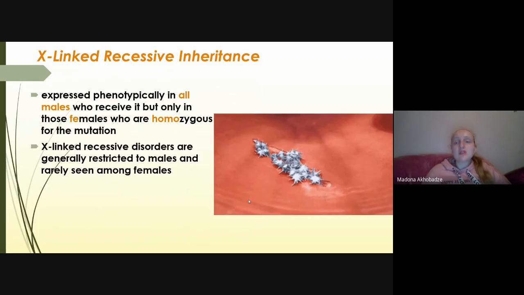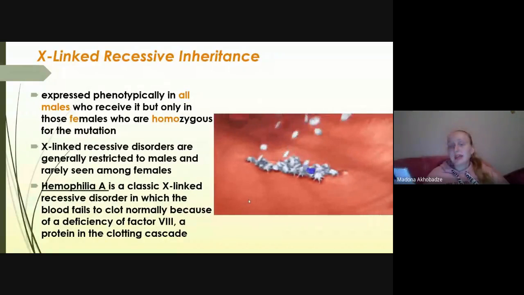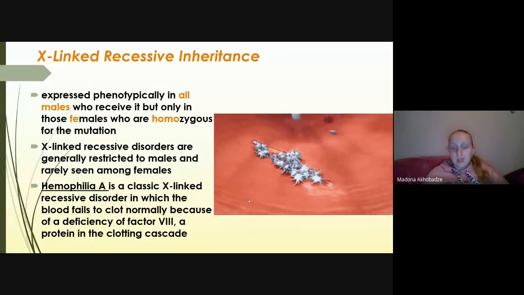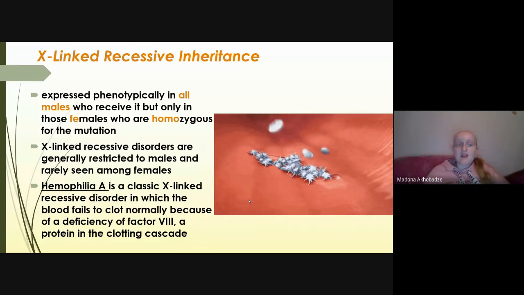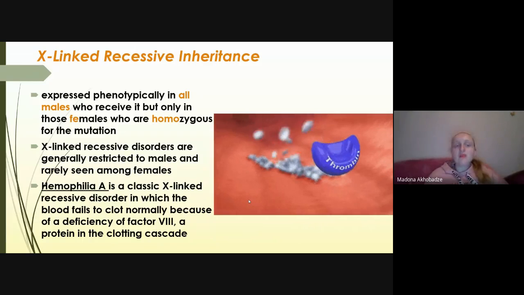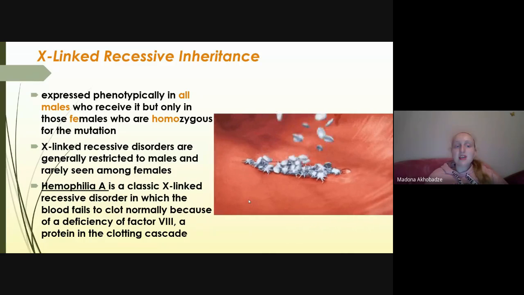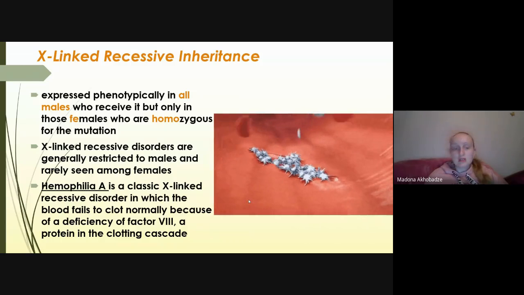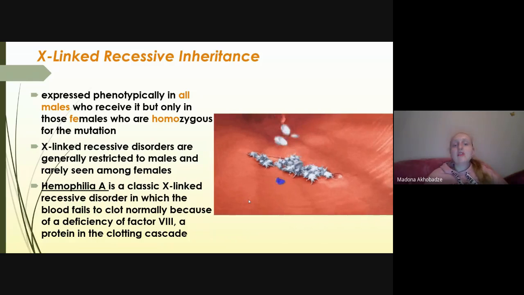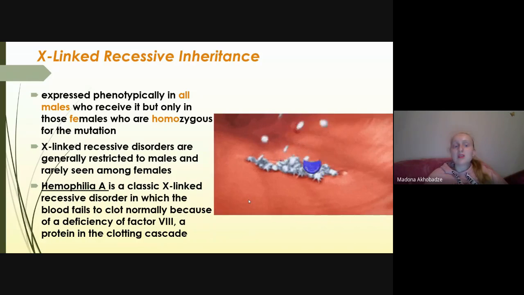Take hemophilia type A, a classic X-linked recessive disorder in which the blood fails to clot normally because of the deficiency of factor VIII, one of the coagulation factors and a protein in the clotting cascade.